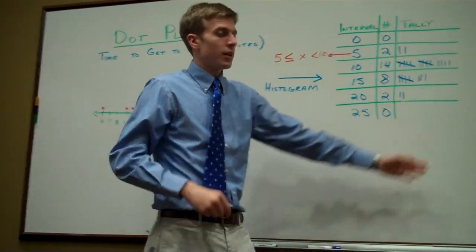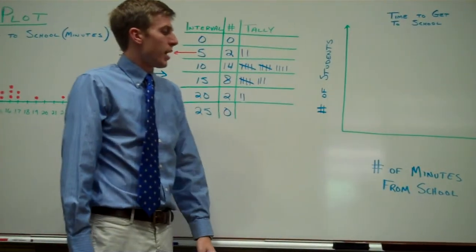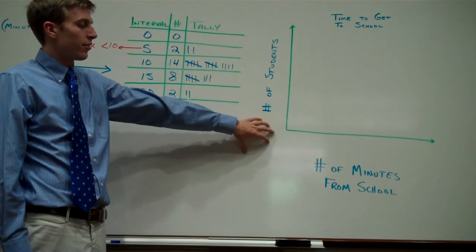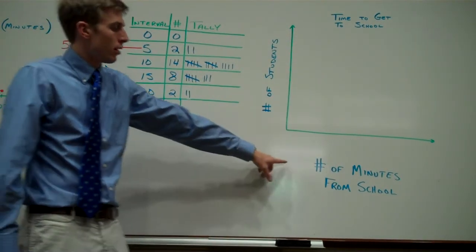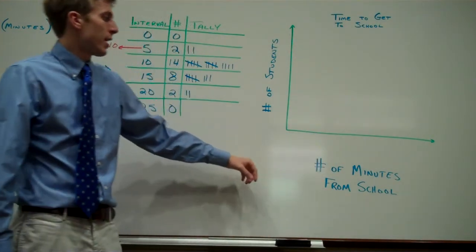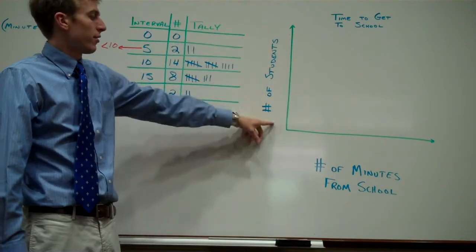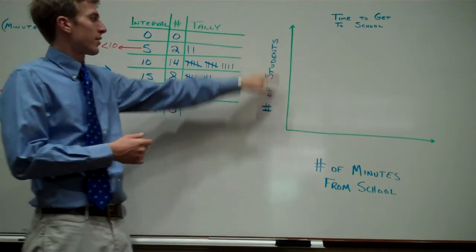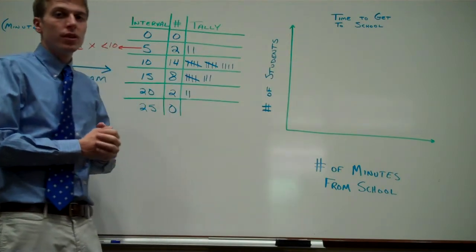The histogram over here has an x and a y axis. We want all of our axes to be labeled as always. On the x-axis we have the number of minutes from school, just like we used in the dot plot. And the y-axis, instead of the dots, we're going to actually draw rectangles. The y-axis here is going to represent the number of students.